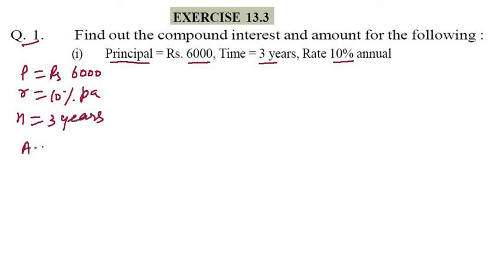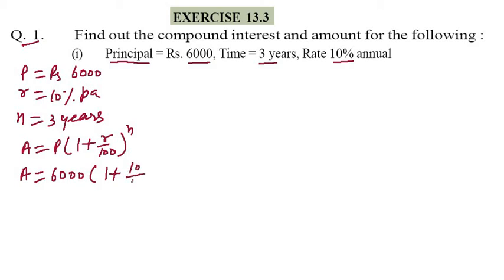Now apply the formula. Amount will be equal to P into 1 plus R upon 100 and whole power is N. So A will be equal to P, given as 6,000, and 1 plus R, given as 10, upon 100 and whole power is 3.